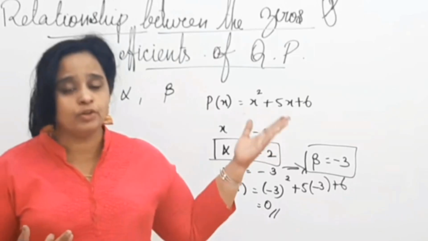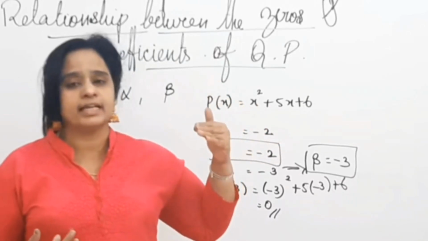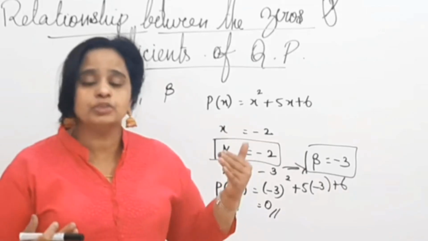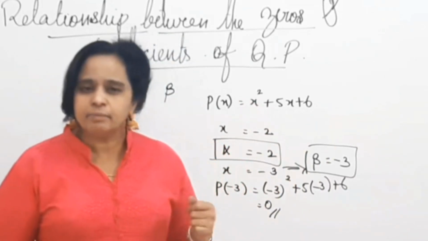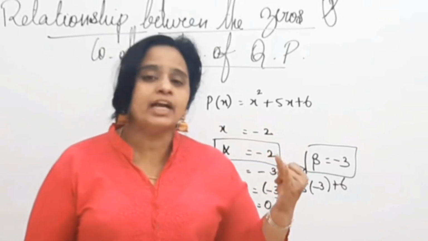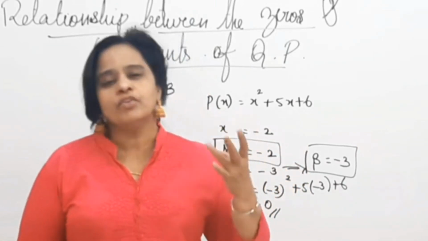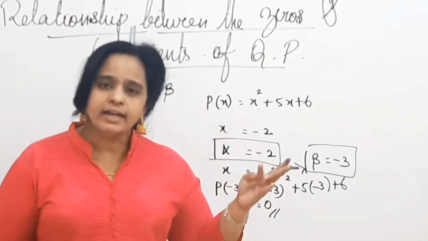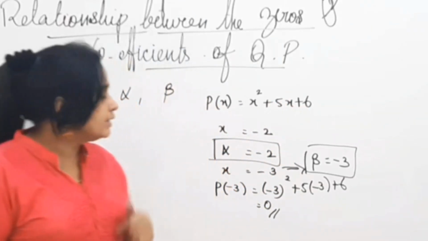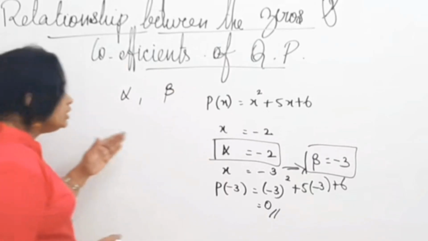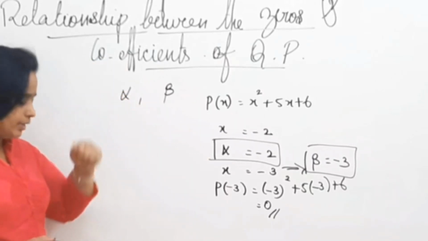I also told you, when the parabola doesn't touch the x-axis, then for that polynomial there are no zeros. Equal zeros means 3 and 3, that means it is only 1. So 0 it can be, 1 it can be, and a maximum of 2 it can be. So at the most it has 2 zeros. These 2 zeros we define as alpha and beta.